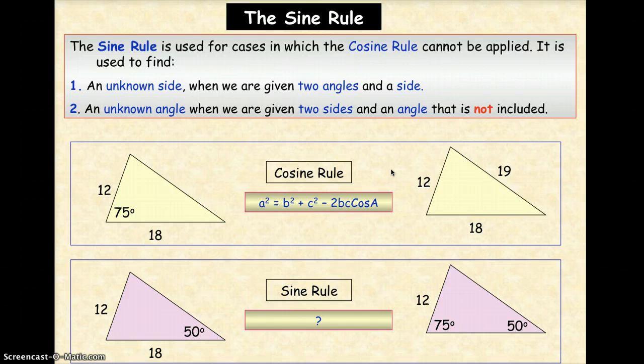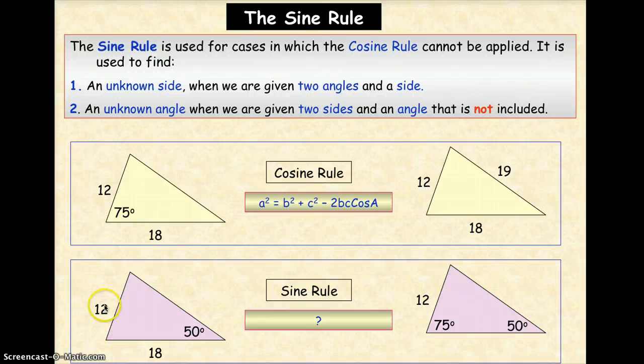So when do you use the sine rule? You use the sine rule to find an unknown side when you are given two angles and a side. That will be this diagram over here. You may also use the sine rule to find the unknown angle when you're given two sides and an angle that is not included.